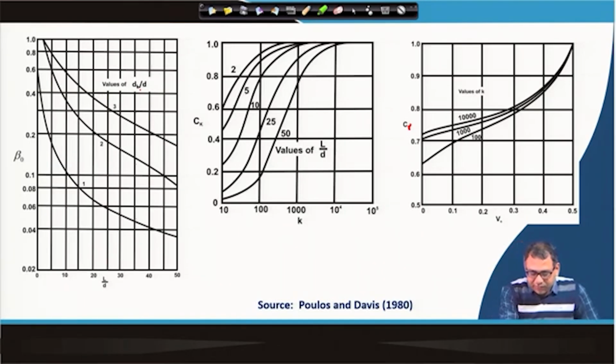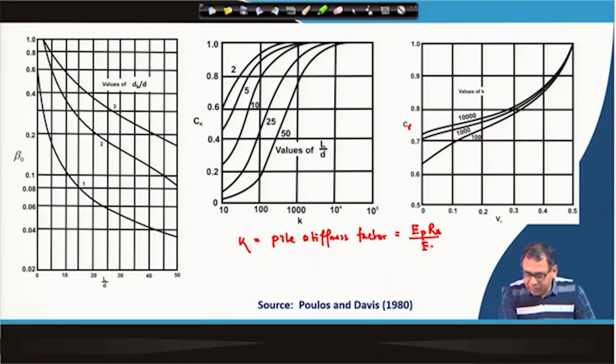Then C k we will get from this chart, where K is called the pile stiffness factor, which we can calculate as the elastic modulus of the pile and Ra divided by the elastic modulus of the soil. Now, for a solid pile, Ra is equal to 1.